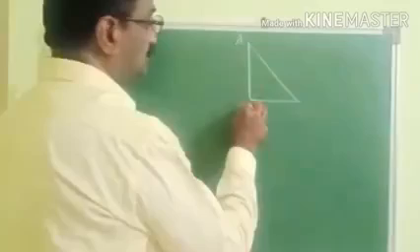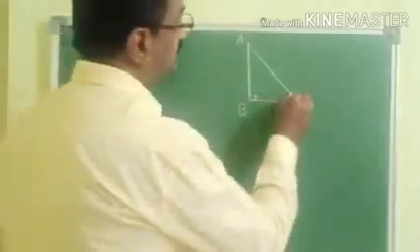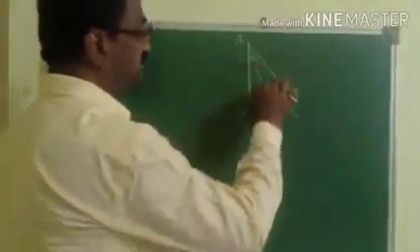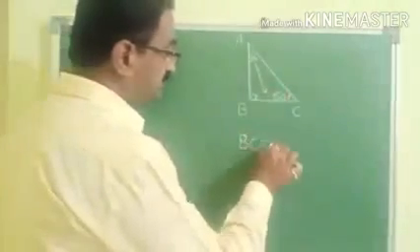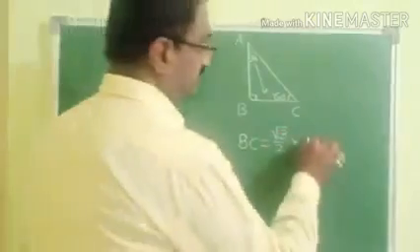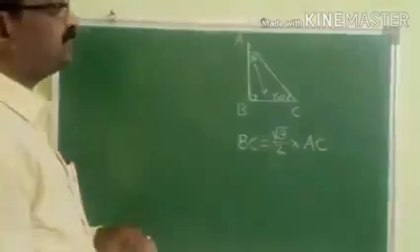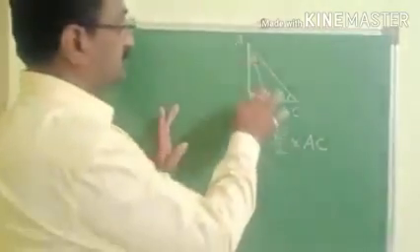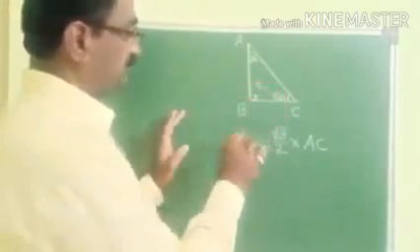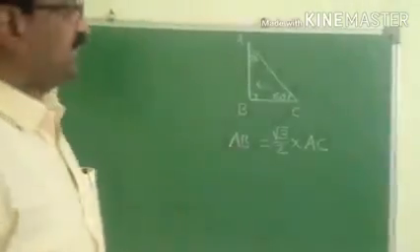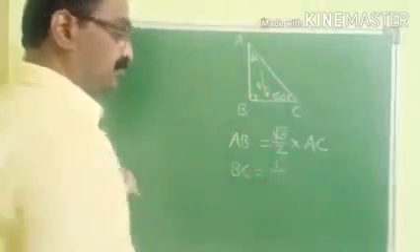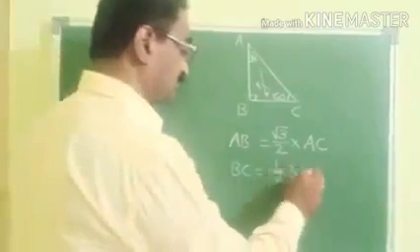If we have a triangle whose angles are 90 degrees, 60 degrees and 30 degrees, then the side opposite to 60 degrees, AB, is root 3 by 2 times the hypotenuse, and the side opposite to 30 degrees, BC, is half of the hypotenuse, 1 upon 2 into AC.